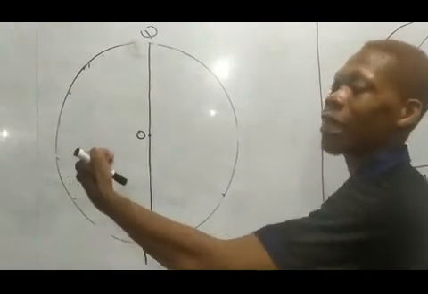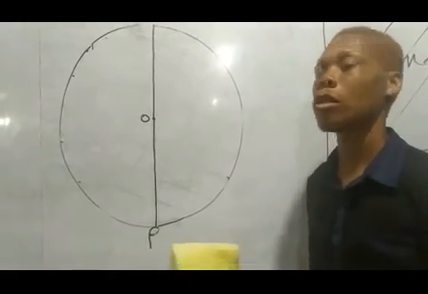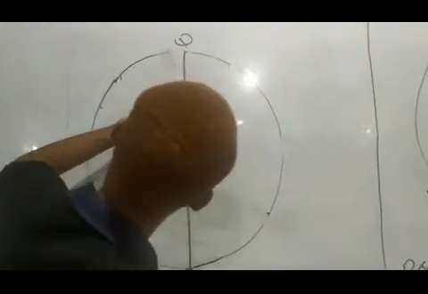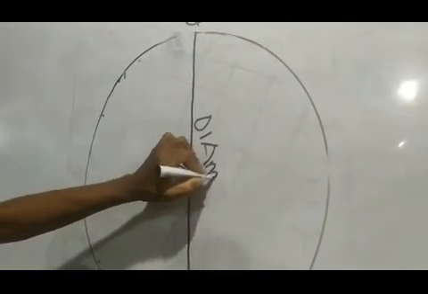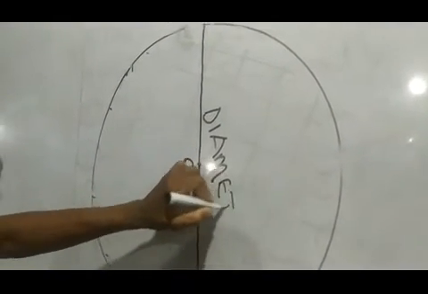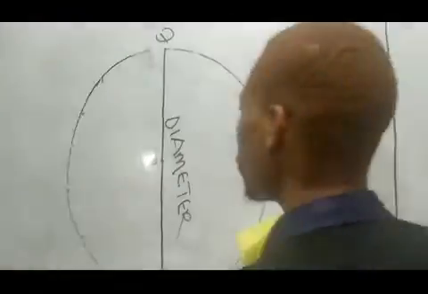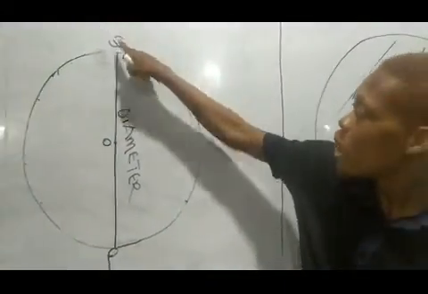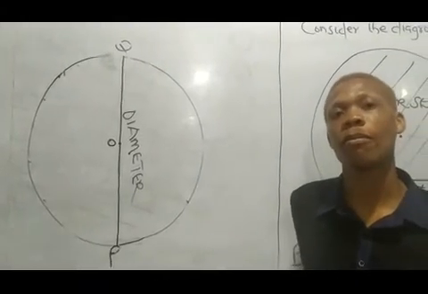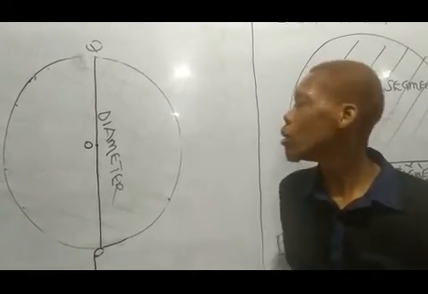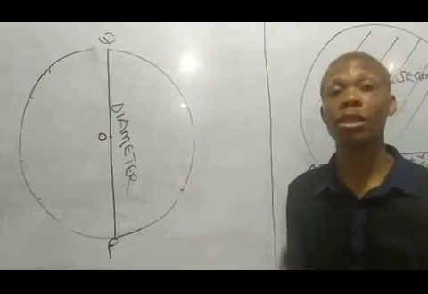So this one here is what we term as a diameter. PQ is the diameter. The diameter is a chord, just that it is passing through the center.